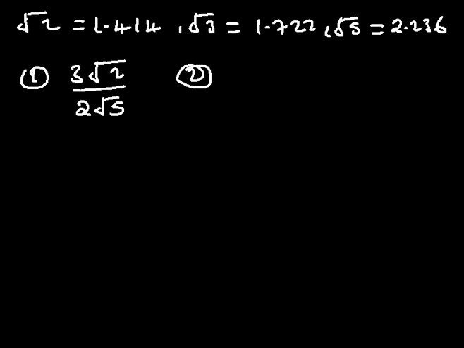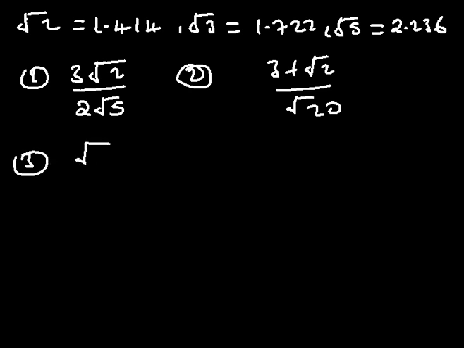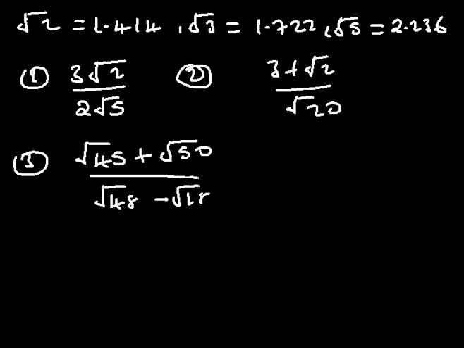And also we should have this. Let's say we have 3 square root of 2 divided by the square root of 20. And also in the same way we have the square root of 45 plus the square root of 50, divided by the square root of 48 minus the square root of 18.